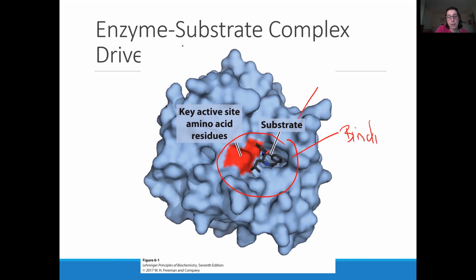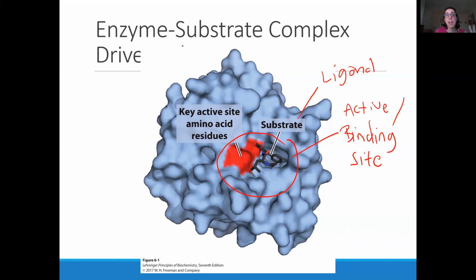So this is the binding site or the active site, sometimes it's called the active or the binding site. And substrate, we also sometimes call the ligand, right? Ligand is just something that binds to a protein. And specifically, we'll talk about substrates, which are ligands that are binding into enzymes.